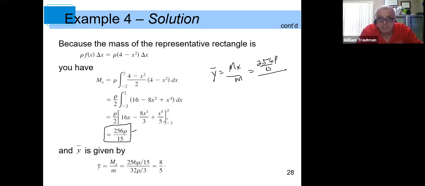And the mass we got earlier, 32 density over 3, if you remember.